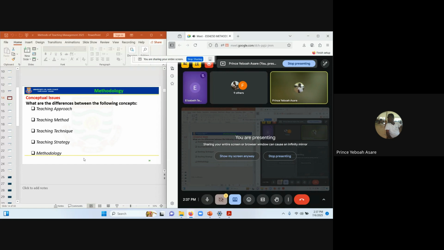In each of the methods, there are specific tasks, there are specific activities that the students will have to execute, or we have to take them through, in order for the way or the method to be complete. For the method to be fully executed, there are specific things that must be done under the method.